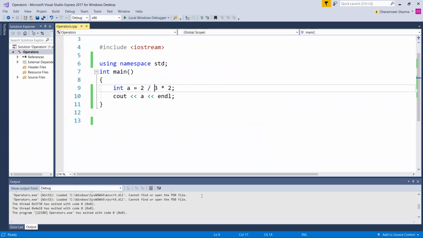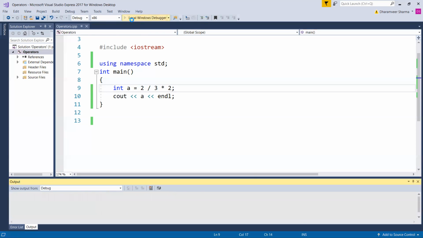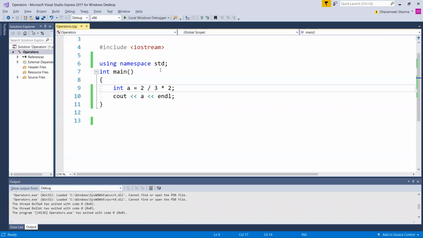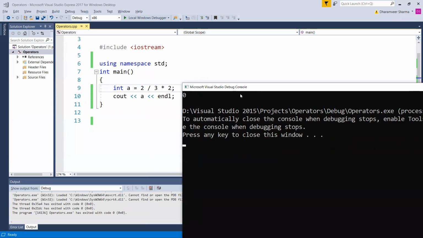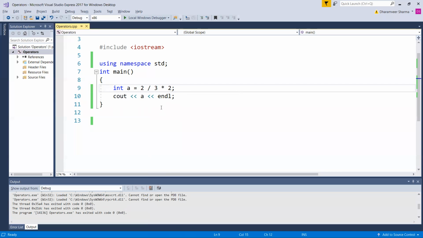We can see it here. Result is 0. And one more, 2 into 2 divided by 3 is how much? 1. Very good. 2 into 2 is 4, divided by 3 is 1.